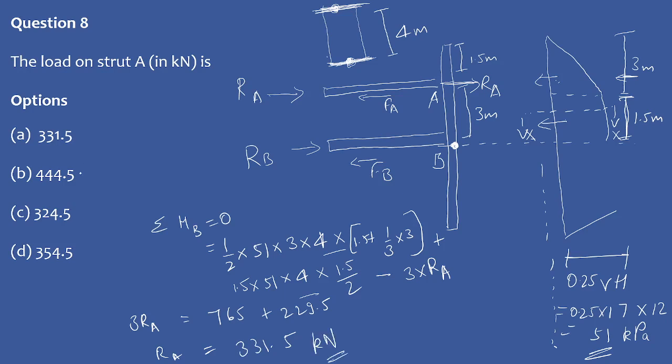So we'll have A as the option. So this reaction at A will be equal to the force at A. So force at A is equal to reaction at A, and it is equal to 331.5 kN.